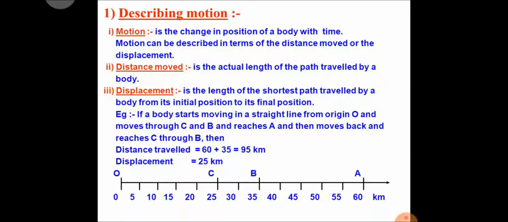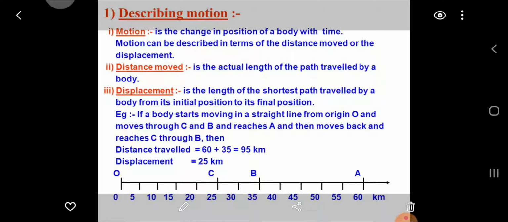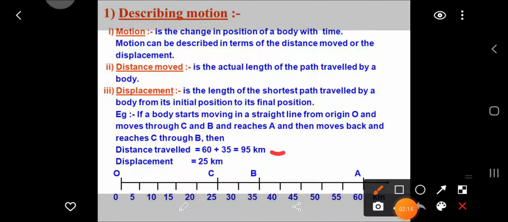For example, if a body starts moving in a straight line from origin O and moves through C and B and reaches A, then moves back and reaches C through B, then the total distance traveled will be equal to the actual length covered by that object.